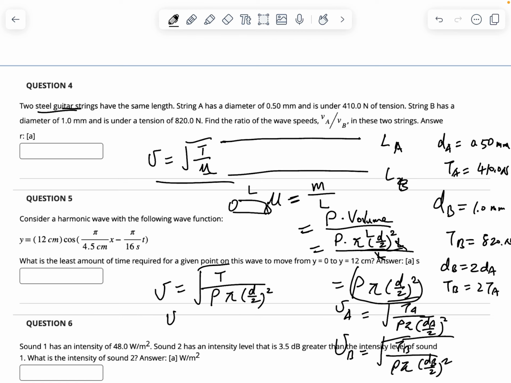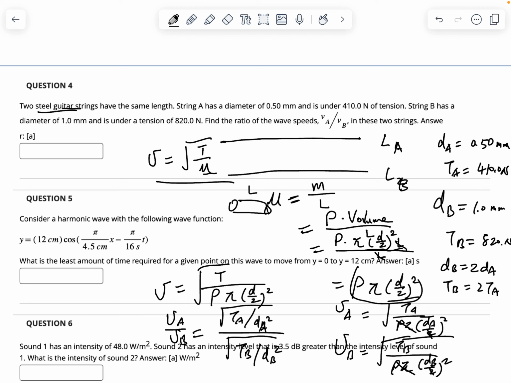So VA over VB, you do the ratio, and you cancel the same part, actually 2 and 2 cancelled. So this equal to square root of TA over dA squared divided by TB over dB squared.